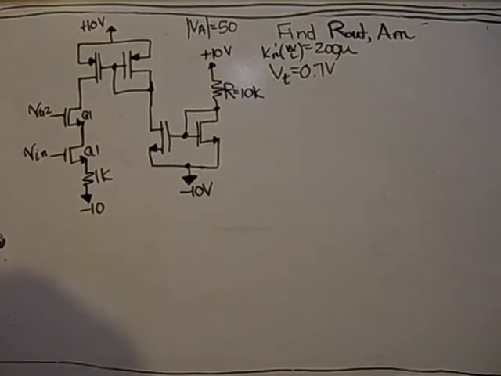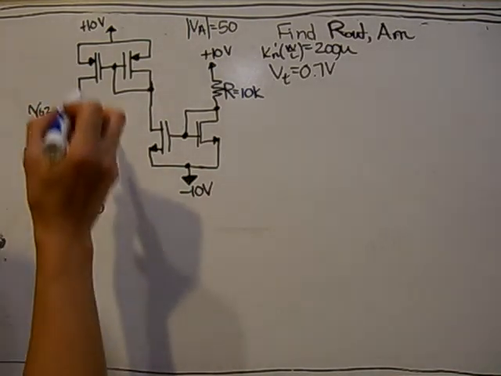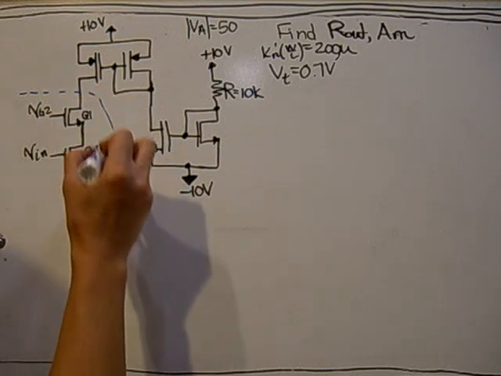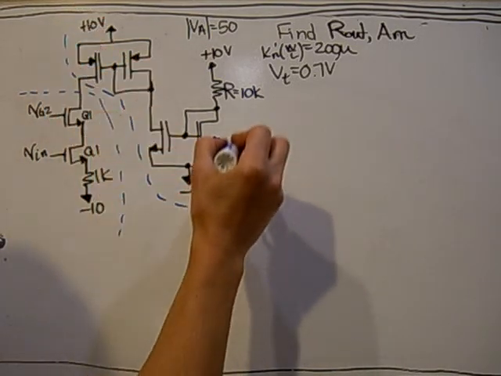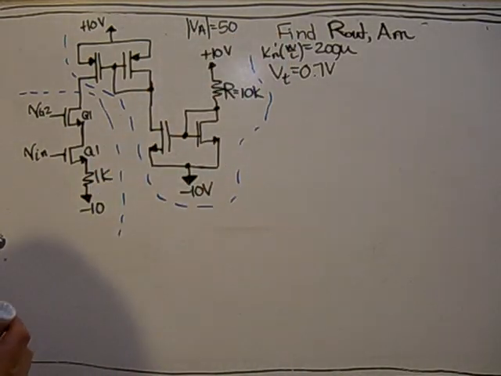This is a problem with the Cascode amplifier and a current source, and they're all MOSFETs. So here's your Cascode, and here is the current mirror. It's just a simple current mirror.